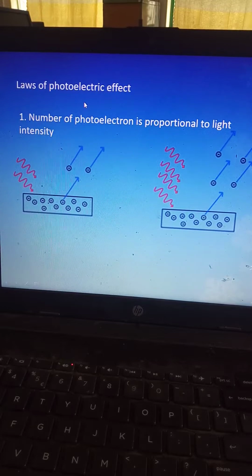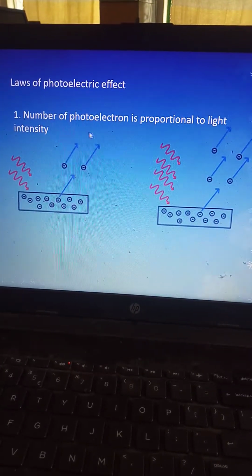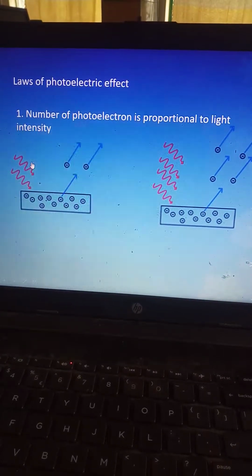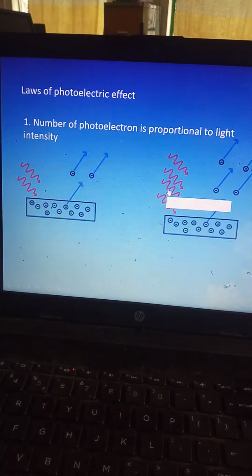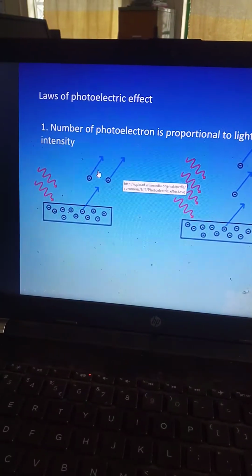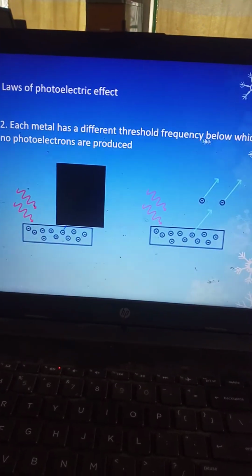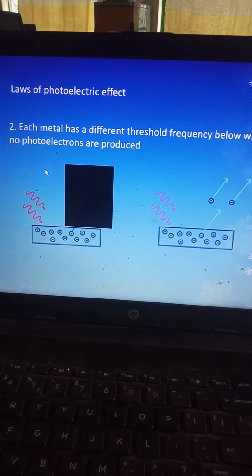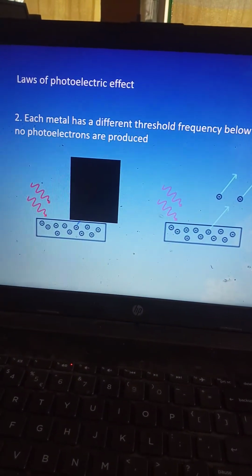Laws of photoelectric effect. The number of photoelectrons is proportional to light intensity. Less intensity, fewer electrons. More intensity, more electrons. Each metal has a different threshold frequency below which no photoelectrons are emitted. Each metal requires a different amount of energy for an electron to be ejected from the metal surface.